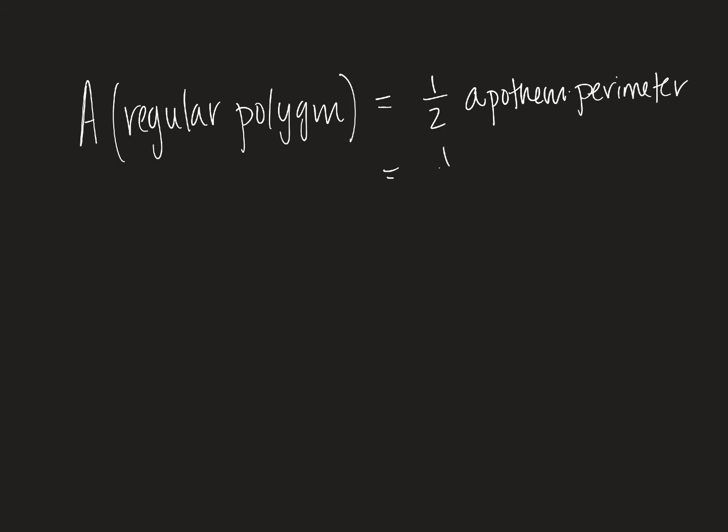A lot of times it's abbreviated as 1/2 AP, apothem times perimeter. So if I'm given the apothem and a side length, it's pretty easy to do. It's when I'm given these 30, 60, 90 triangles that we really get to put all of our geometry skills to use. So let's try a few practice problems.